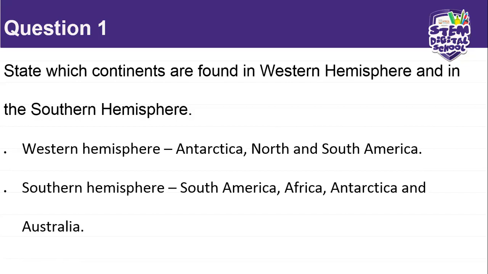Those are the continents that are found in the Southern Hemisphere. Just correct your work there. Okay, we move on.